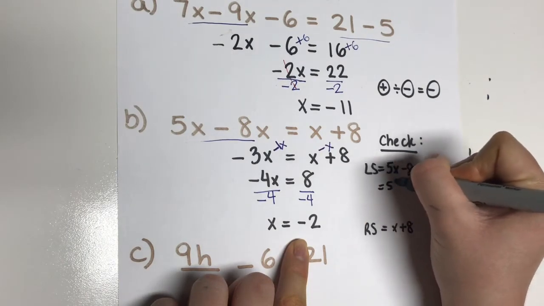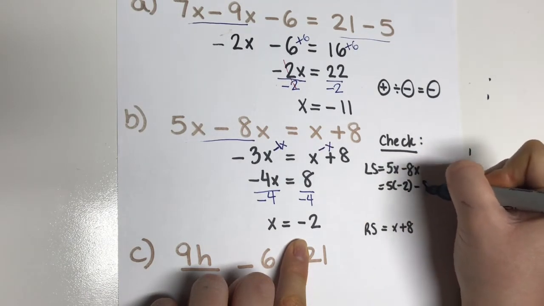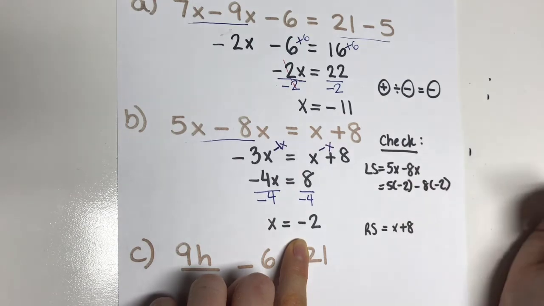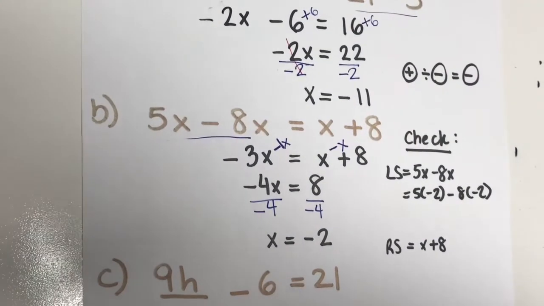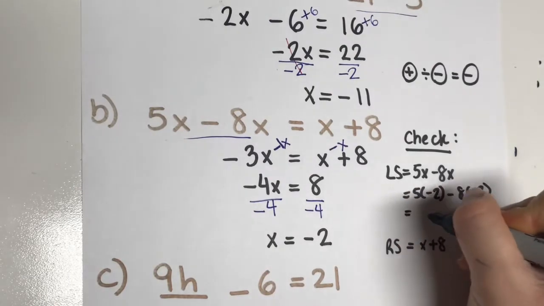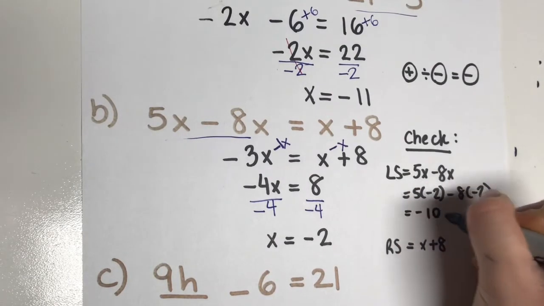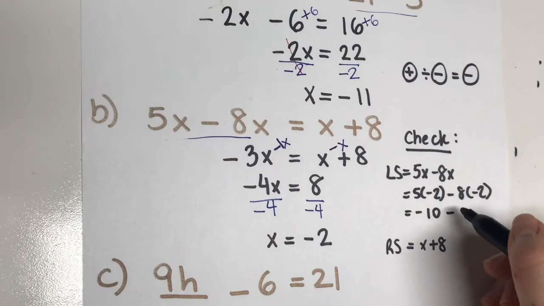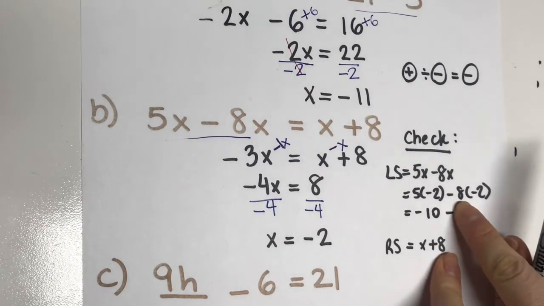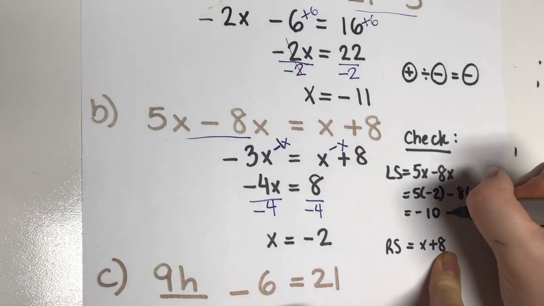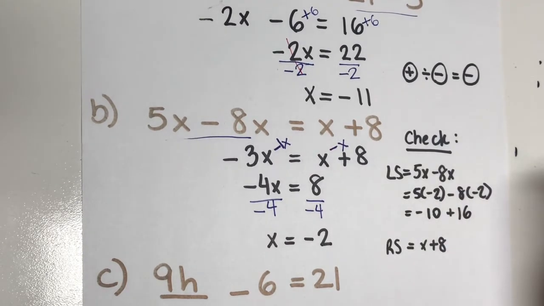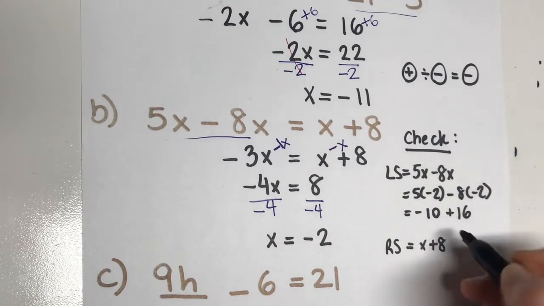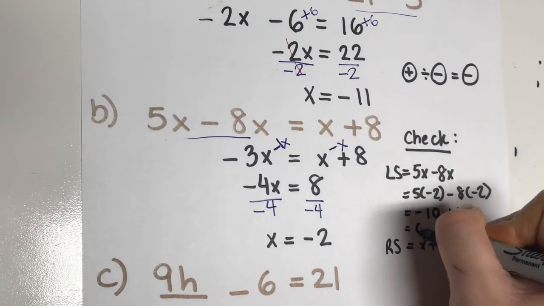So 5 times negative 2 minus 8 times negative 2. BEDMAS, I'm going to do multiplication first. Just going to zoom in a little bit there. So 5 times negative 2 is negative 10, minus negative 8 times negative 2. Negative times negative is positive, 16. And negative 10 plus 16 gives me 6.